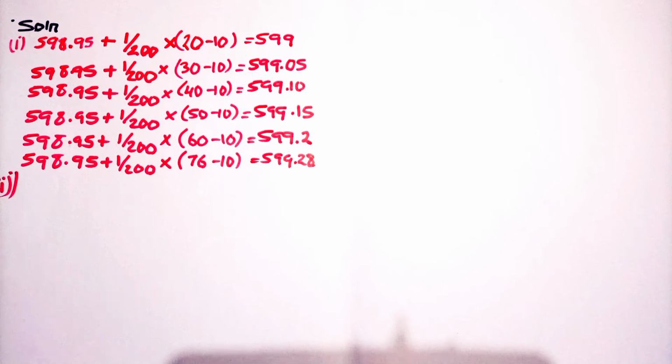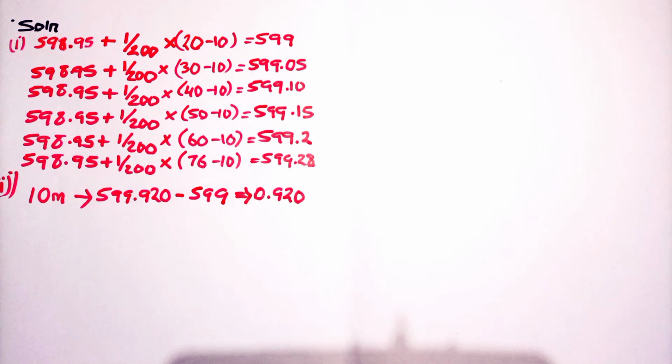Then we calculate the second: the height of the site rails at 10 meters. We are going to use the difference between the ground level and the invert level. That gives us the difference of the ground from where we are excavating, and the difference will be 0.92.